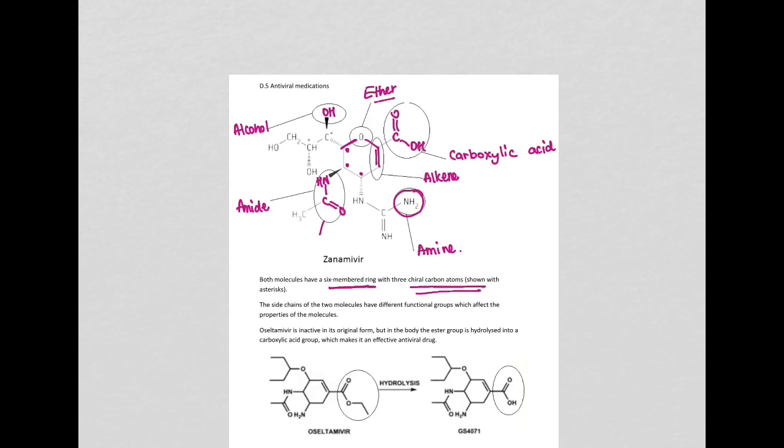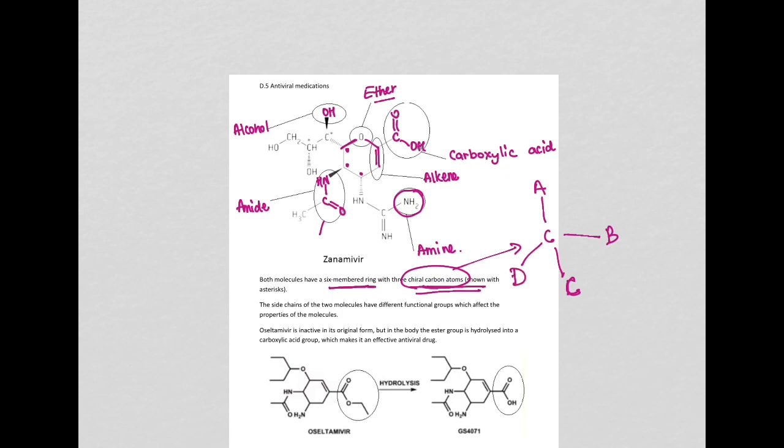Chiral carbon atoms are carbon atoms that are bonded to 4 different substituents. So you have, let's say, R1, R2, R3, R4, or anything. So not necessarily R groups. It could be bonded to anything, as long as it's 4 different substituents.